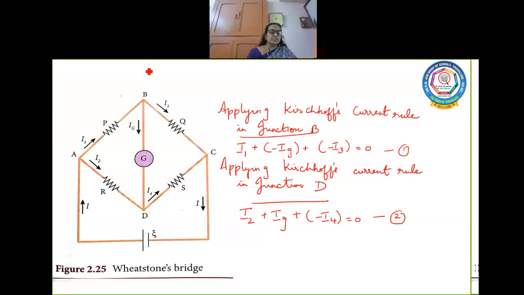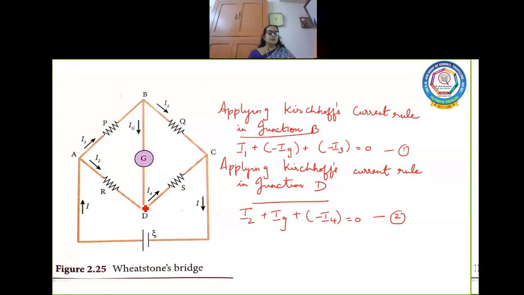When the potential is the same, at that point the galvanometer shows 0 deflection. From here the potential starts varying along this lead and along this lead.